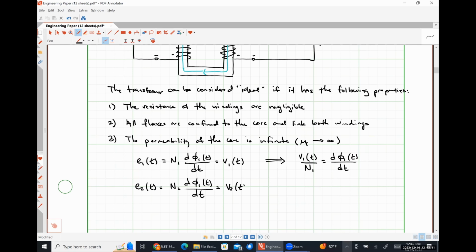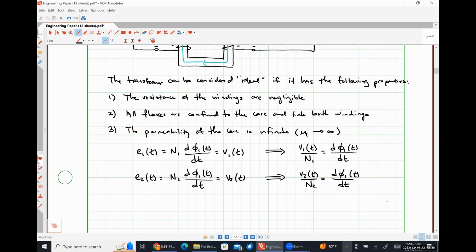And because we're dealing with an ideal transformer, E2 is equal to V2. We can rearrange this relationship to find that V2 over N2 is equal to the derivative of our flux with respect to time.